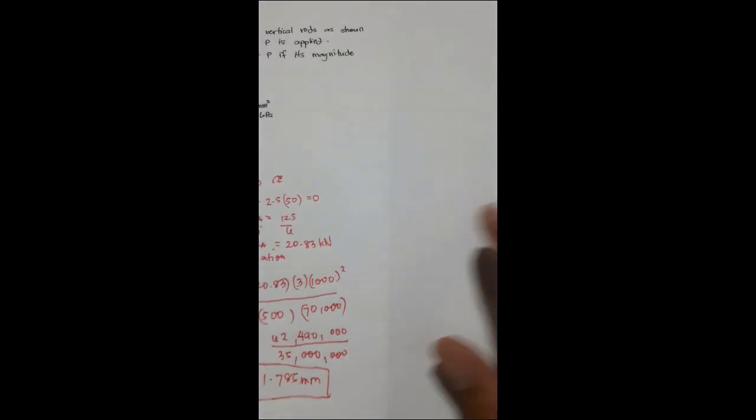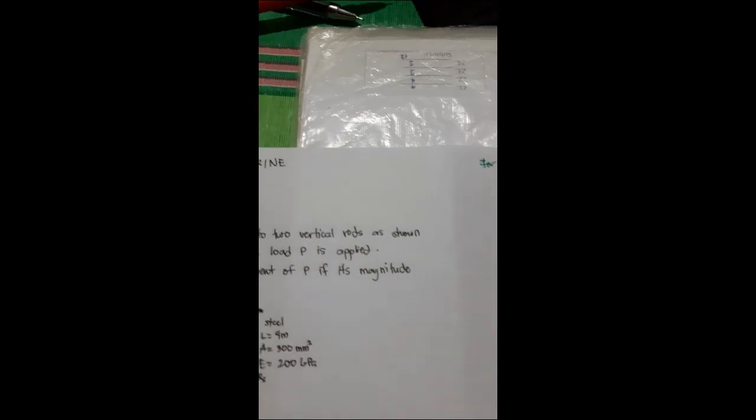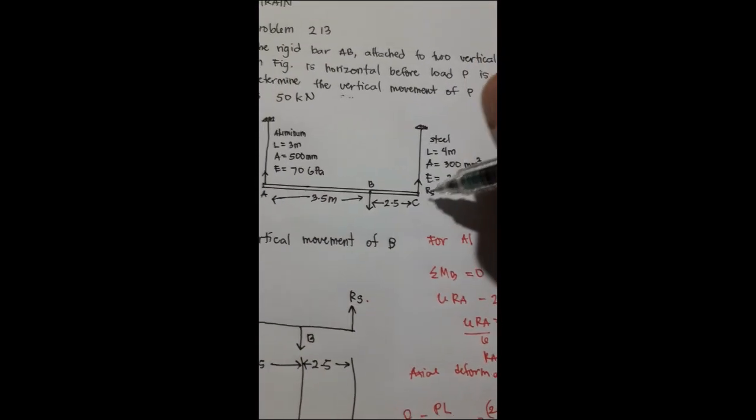Now let us move on to the steel. Because the beam is connected on two types of rods, which are steel and bronze. For steel, we have the reaction for the steel here, which is on this side, so we take moment at A. Summation of moment at A is equal to 0.